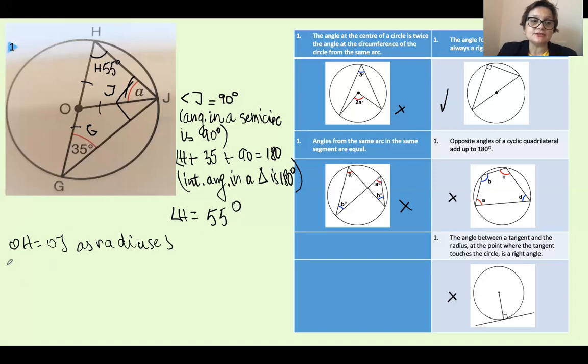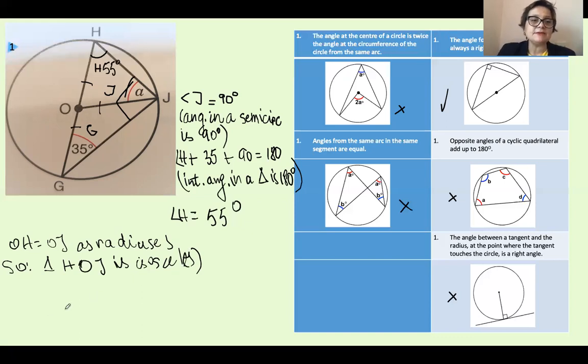And that means triangle HOJ is what type of triangle? Isosceles. Close the bracket.